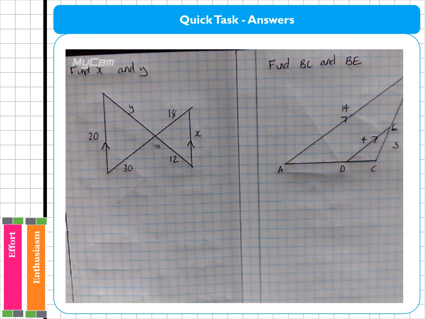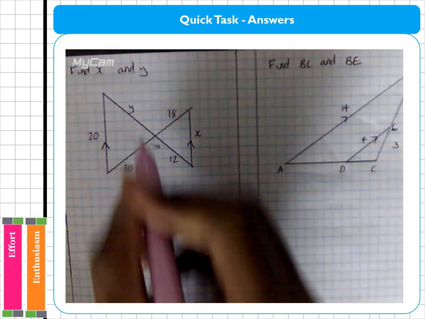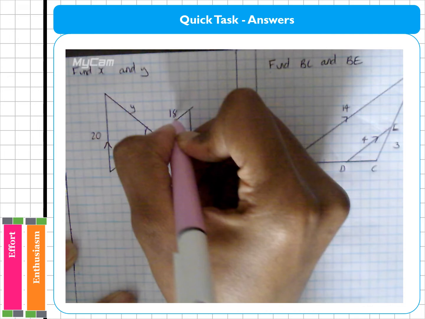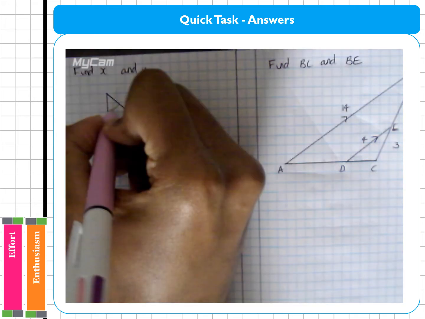Okay, time for answers. Now, exactly like we did in the examples, my first step is just going to be to use a different coloured pen to identify which angles are the same. That then makes it really easy for me, particularly with the questions that look like this, where you have a rotation taking place, to identify which sides are the same.